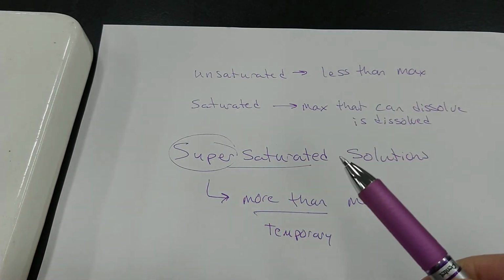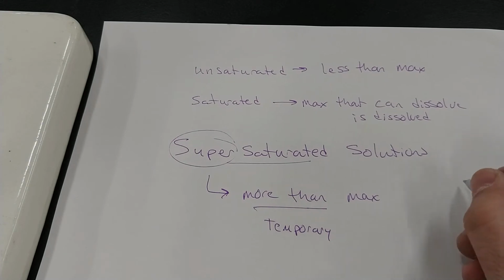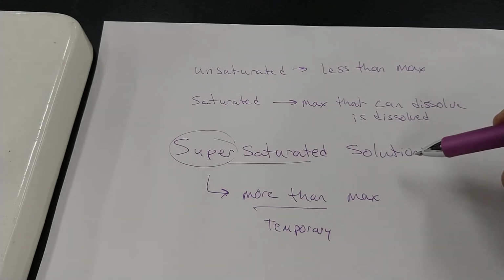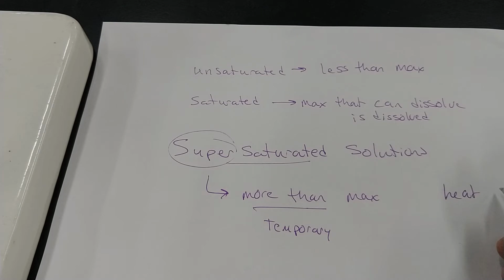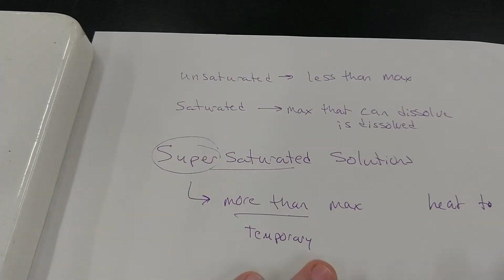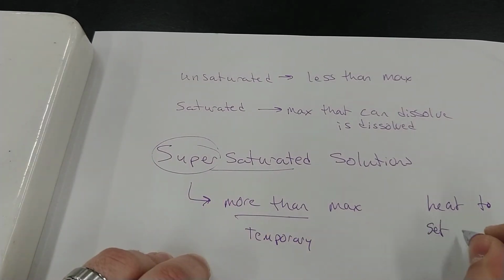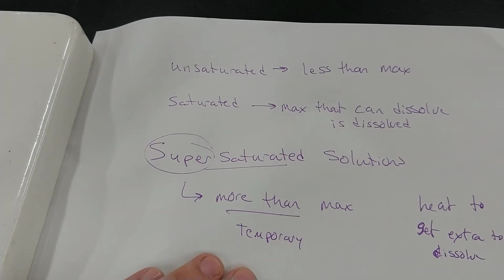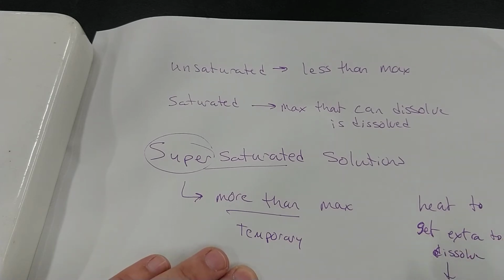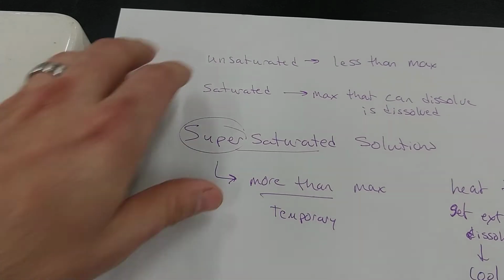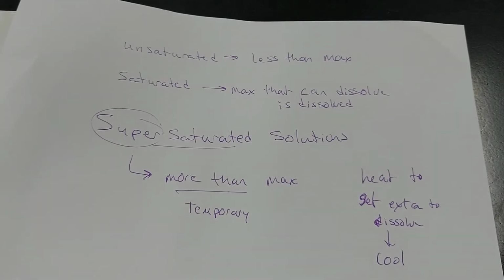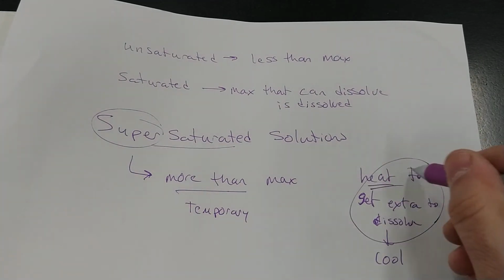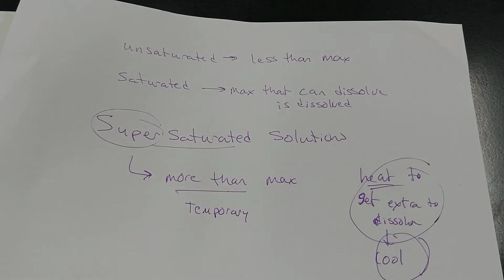It's like that, except how we do it here is we put in more than the max, and then we heat to get the extra to dissolve. So you put in tons of extra heat to get the extra to dissolve, and then we cool it back down. So we heat to get more to dissolve, and then we cool it back down.